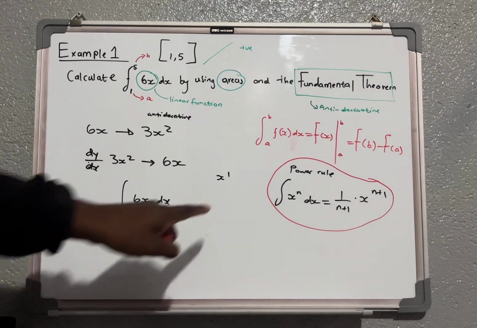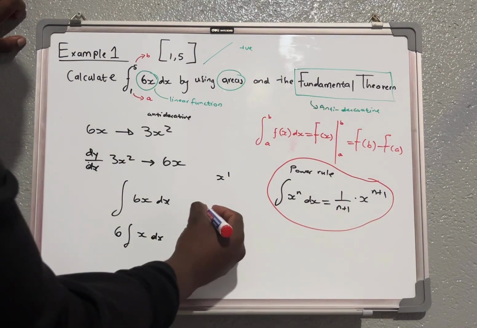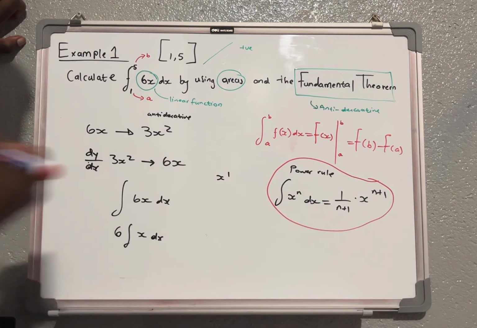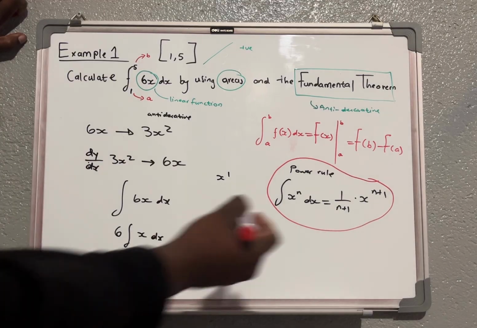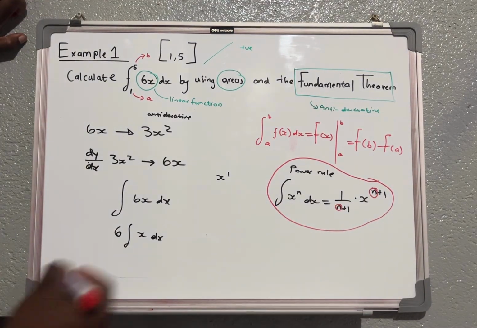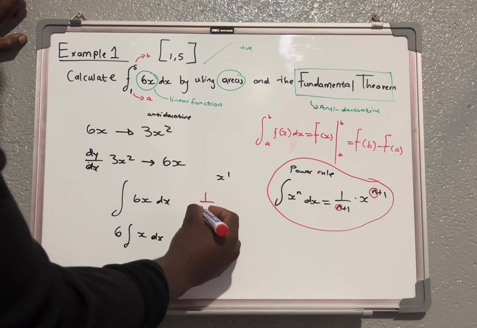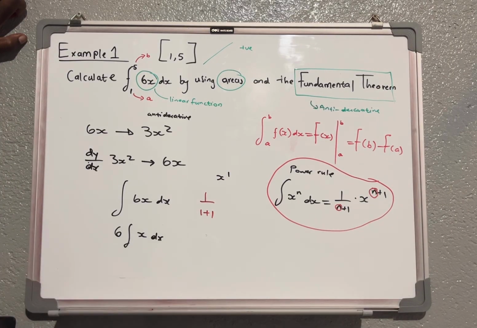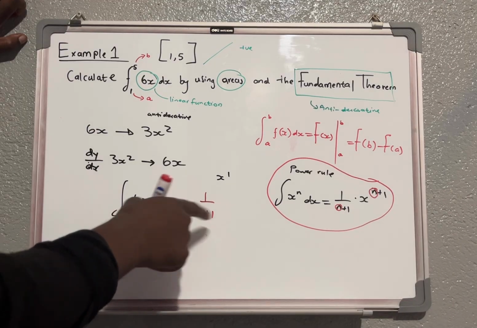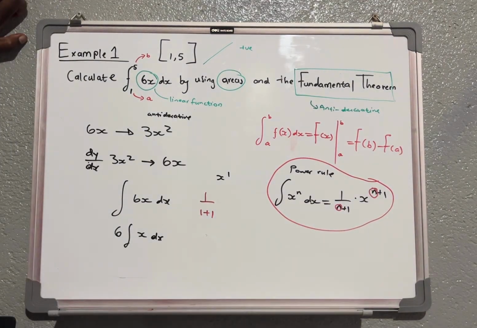So if we're going to work this one out in terms of this power rule, what are we having? Remember this 1 is taken as n that you see here. So we're going to say we have 1 over 1 plus 1, because one is for the n and the other one is from the formula.